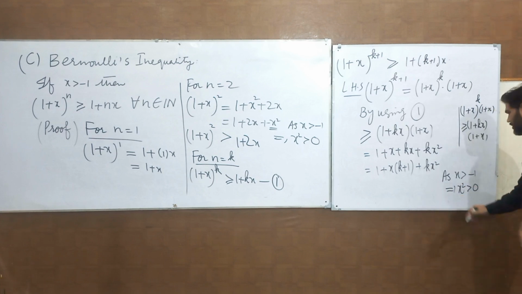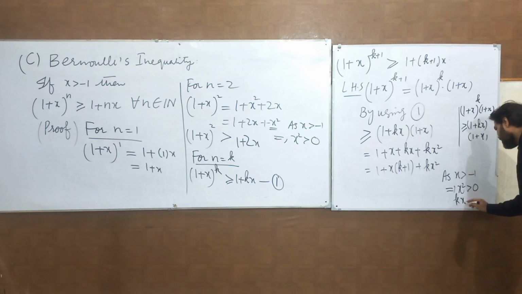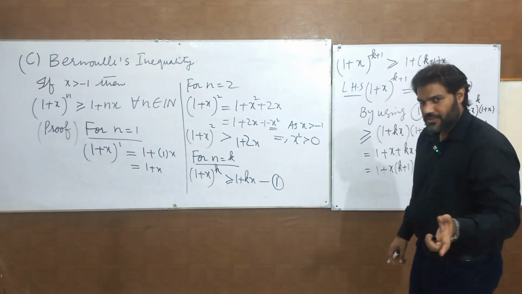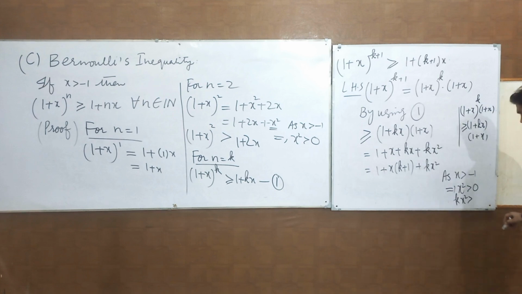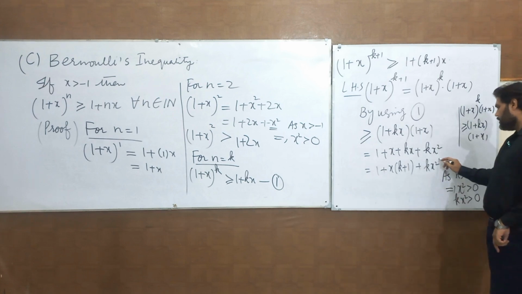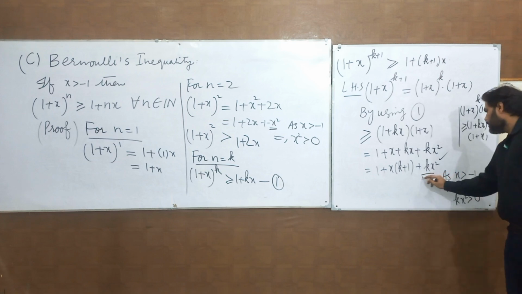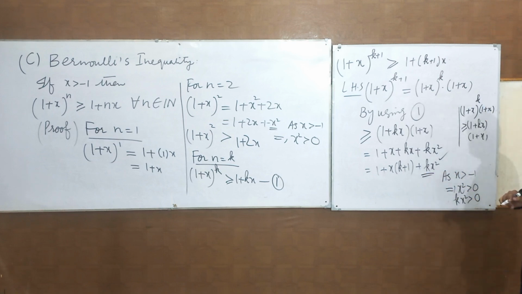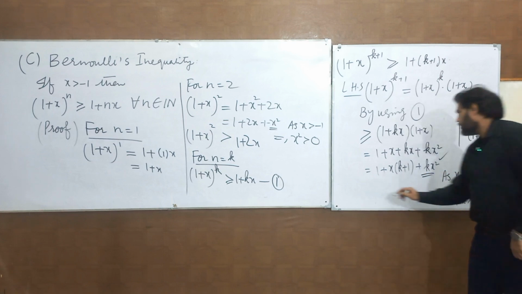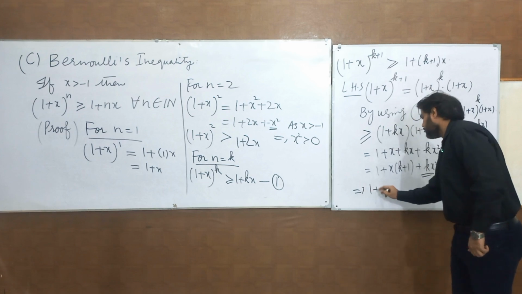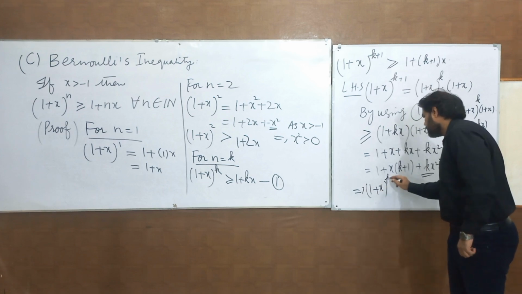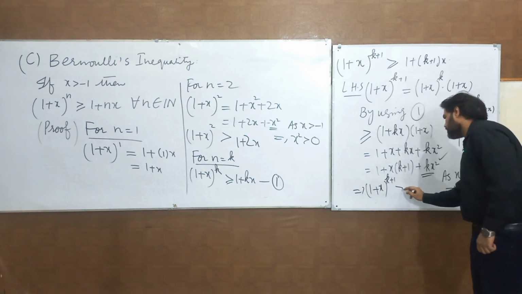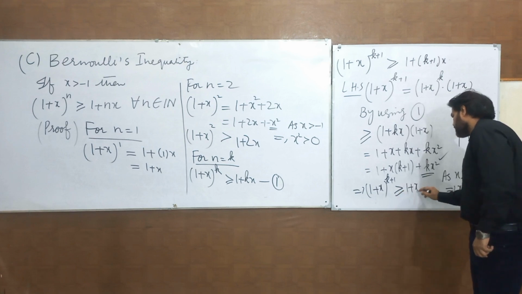As k is any natural number, k is also greater than 0. This shows that this product kx squared is positive. So if we leave this third number, this gives us (1 + x)^(k + 1) is greater than or equal to 1 + (k + 1)x.